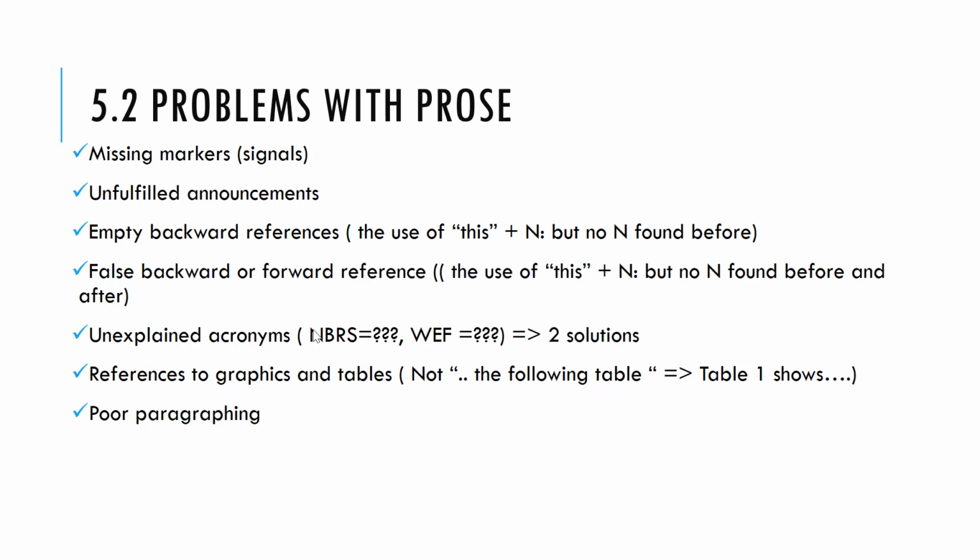Another problem is a kind of poor paragraphing. Paragraph divisions are very important markers that guide the reader through the text structure. Suppose you find a very long paragraph followed by a rather short one. On inspection of the content, you notice that the last third of the long paragraph discusses the same topic as the short paragraph.